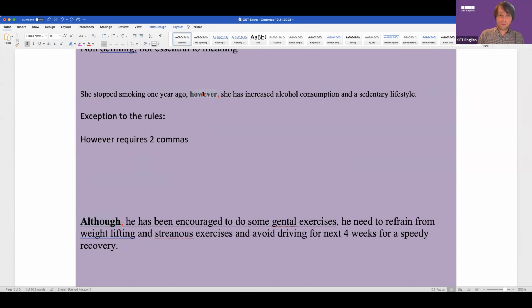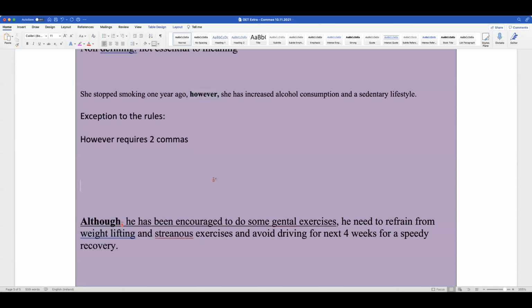Although is complex, but but is still compound. So don't get confused. It's usually the case that contrasting sentences are complex, but you can also do them as compound sentences with contrast. It's just that the punctuation changes a little bit. I hope I answered that question.